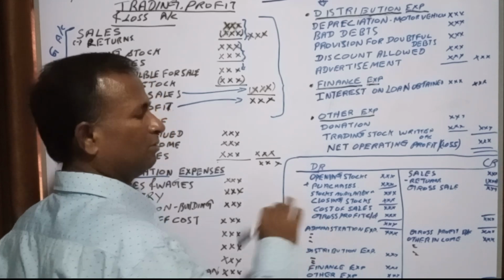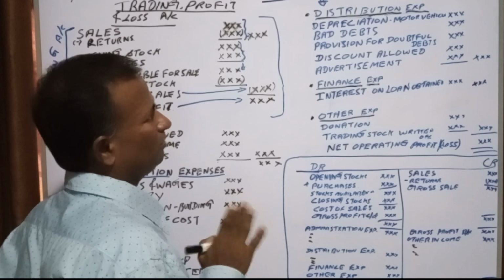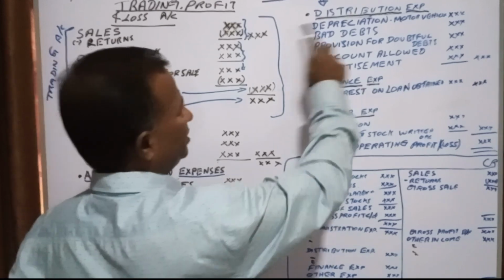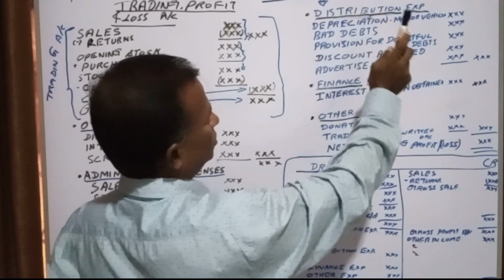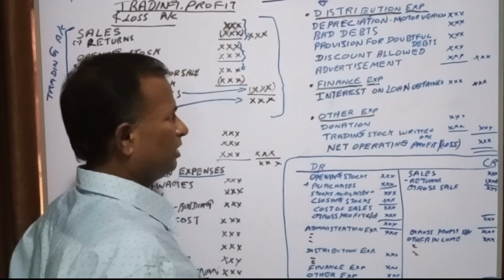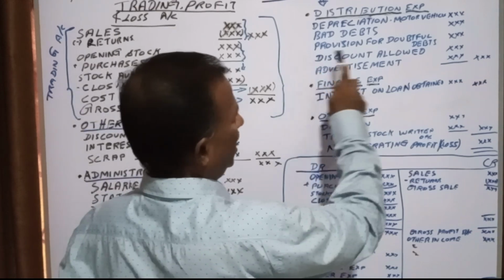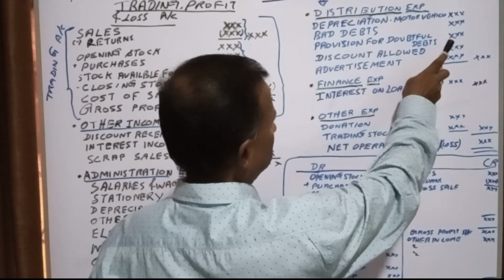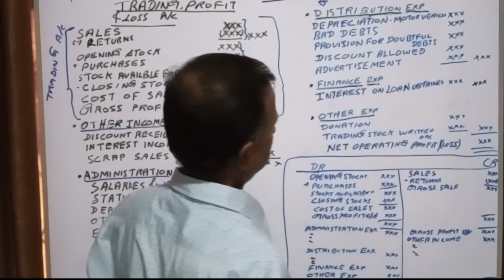At the moment keep it in your mind: depreciation, bad debts, and provision for bad and doubtful debtors come under the distribution expenses.